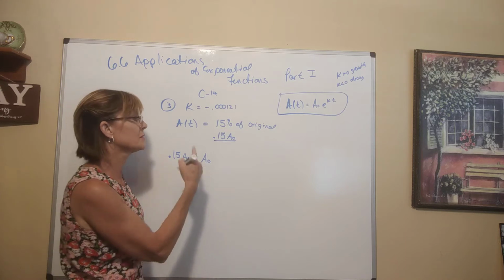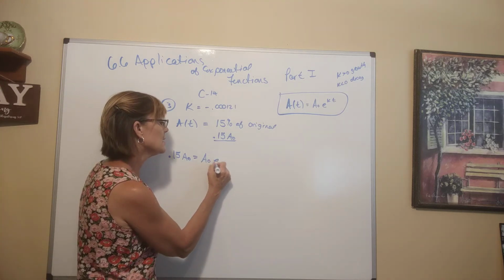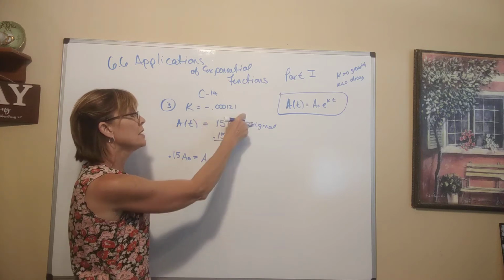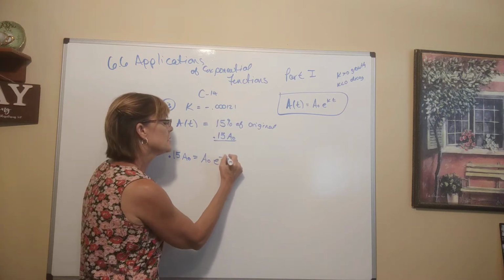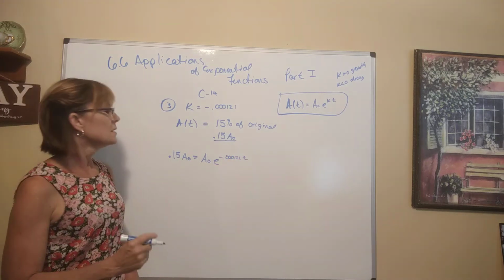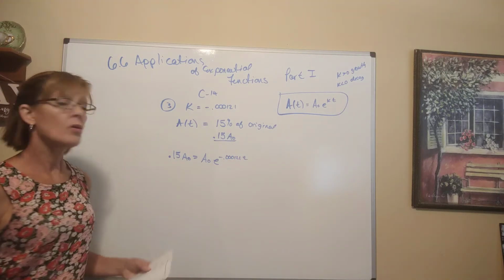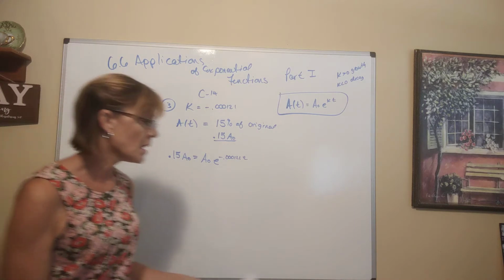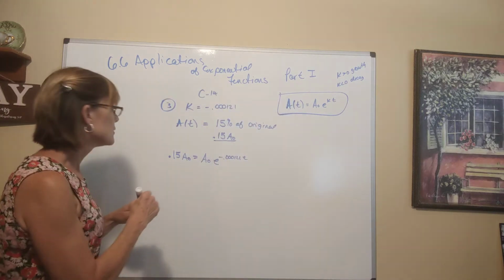We can still solve this without knowing that. Times e raised to the kt. k for carbon-14 dating is negative 0.000121 times t. So to find out how old this painting was at the time it was found, we can solve for t.